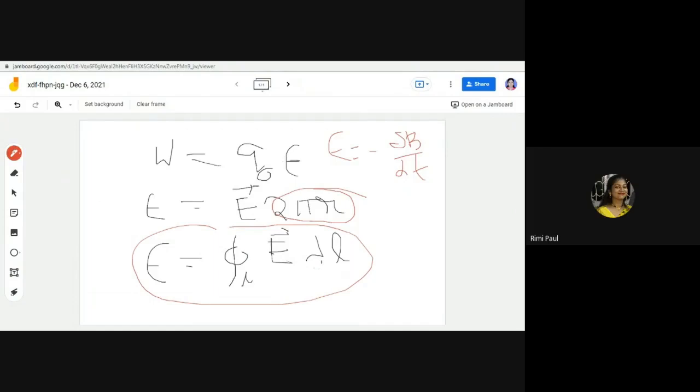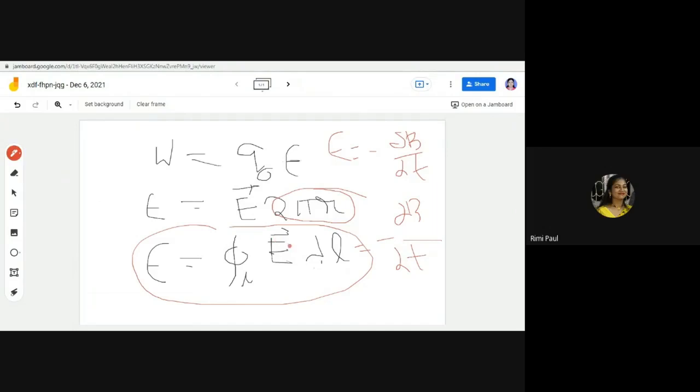So if I equate both, then we can write that this is equal to minus del by del T of B. So what this equation says is that a changing magnetic flux or flux density induces an electric field.